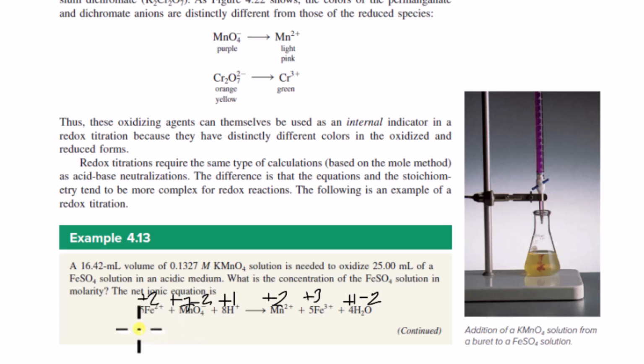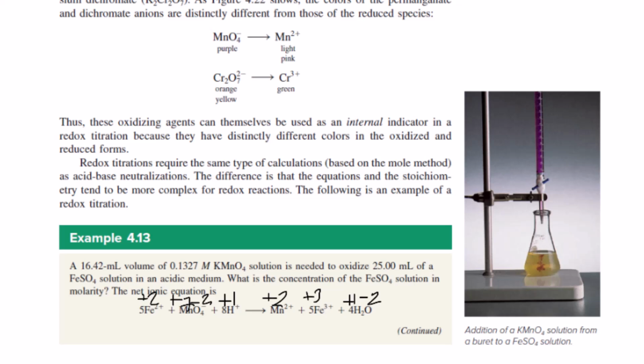Okay, but now then how many moles of Fe2+ ions reacted with those moles of MnO4- ions? Well, this might not be a one-to-one relationship, right? So stoichiometry with the net ionic equation is used to figure out how many moles of the reducing agent, Fe2+, reacted with the oxidizing agent, MnO4-.